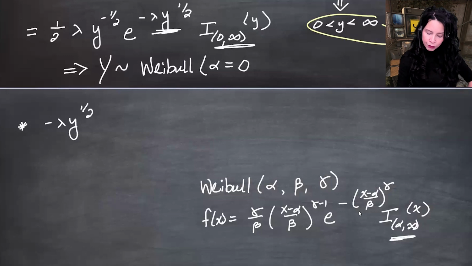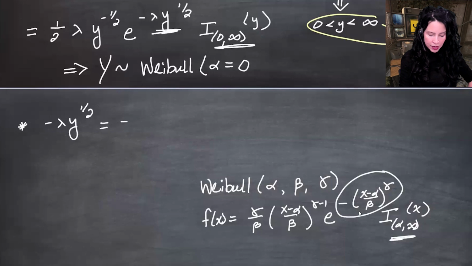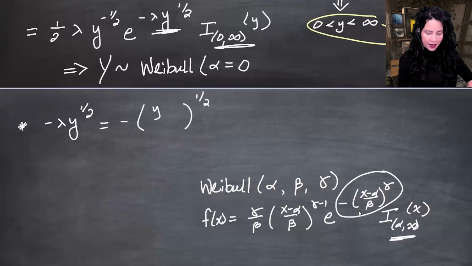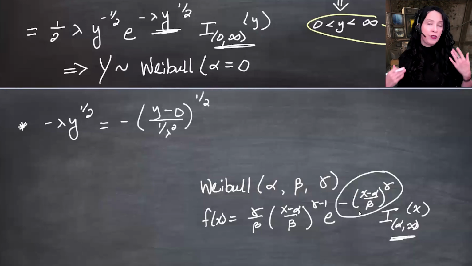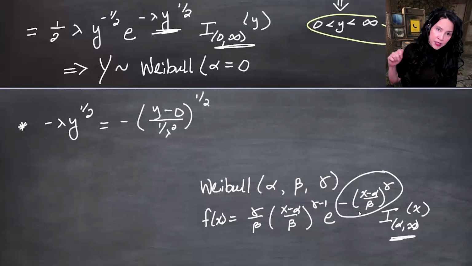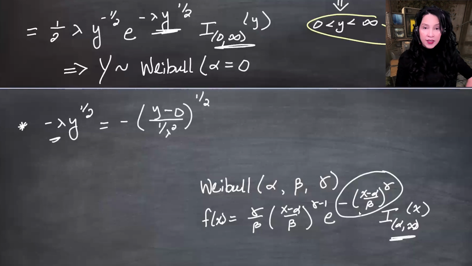And I want to write it like this. I want this to be minus y something to the 1/2. So it looks like y minus 0. And then to get that lambda, I need to have 1 over lambda squared in the denominator, because when you take that to the 1/2 power, you get 1 over lambda in the denominator, which flips up and becomes a lambda out front.